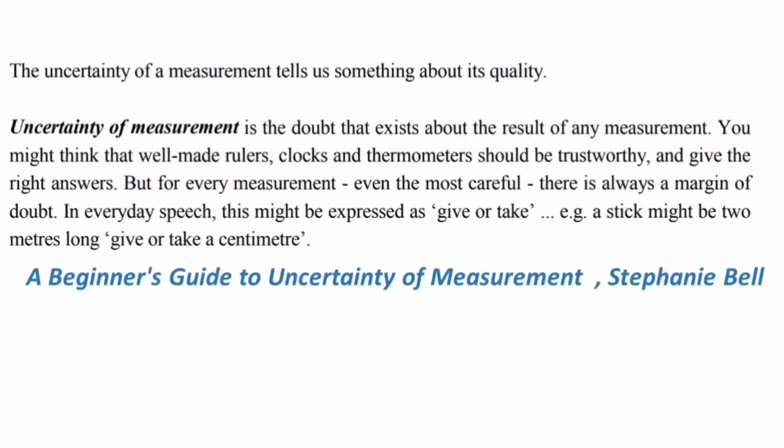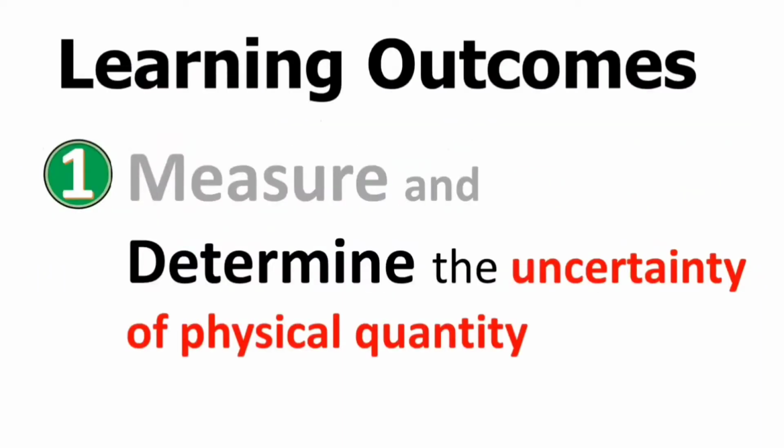According to Stephanie Bell, the uncertainty tells about the quality of the measurement. You can pause the video and read the definition given by Stephanie Bell on uncertainty of measurement. I hope this has given you some ideas on what uncertainty is and why it is very important when making and reporting measurement.